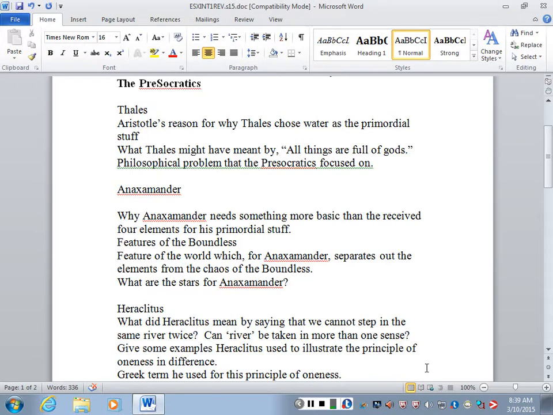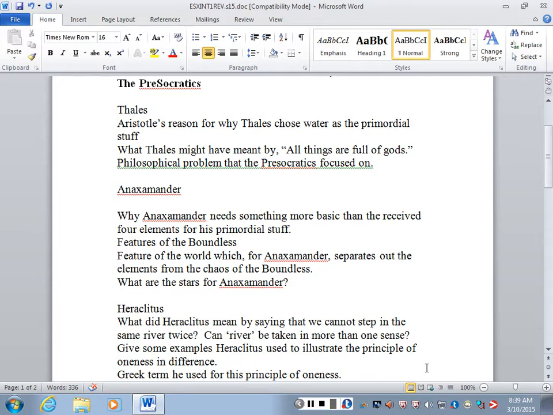Now, what Thales might have meant by "all things are full of gods": again, what's emphasized in the PowerPoint and the view that this other text took was that he may have tried to express something that he didn't really have the language to express, and that is that there's a causal principle inherent in things that is the place where we can get an explanation for why things happen in nature.